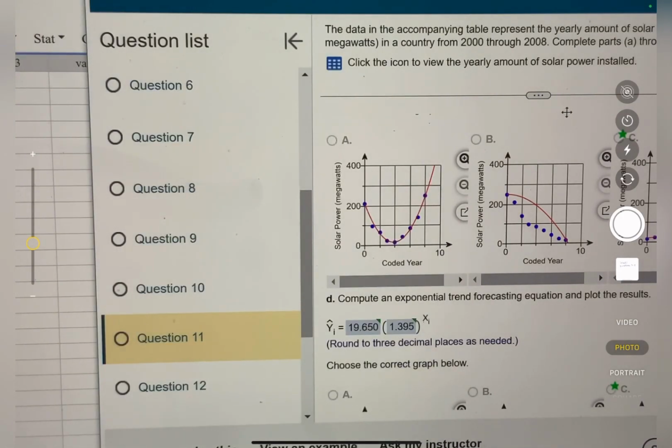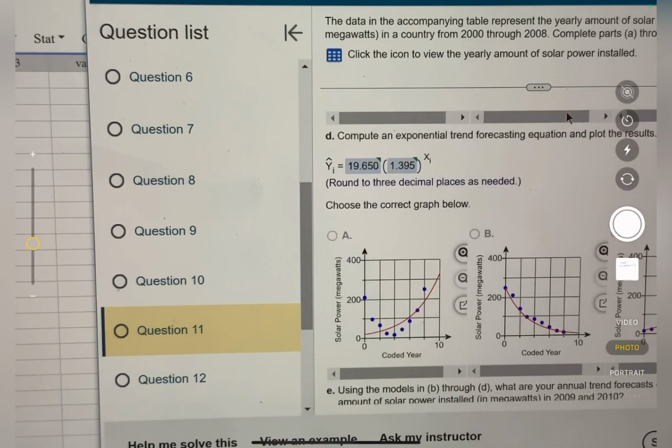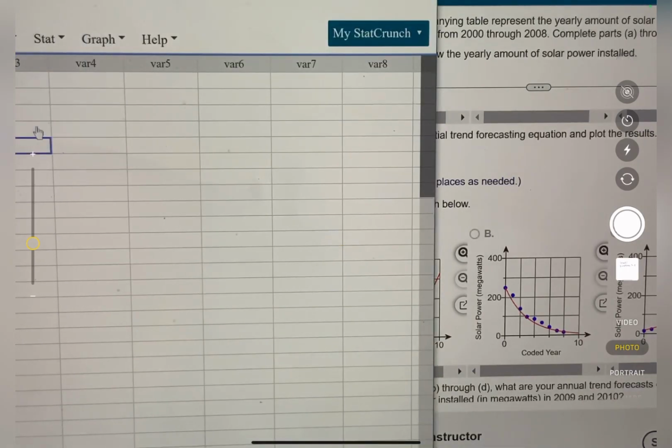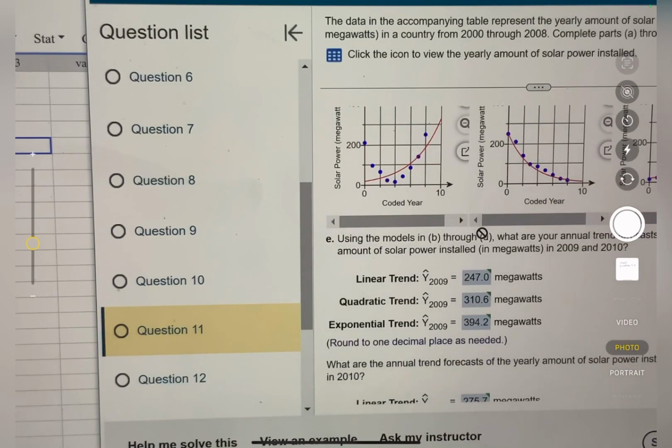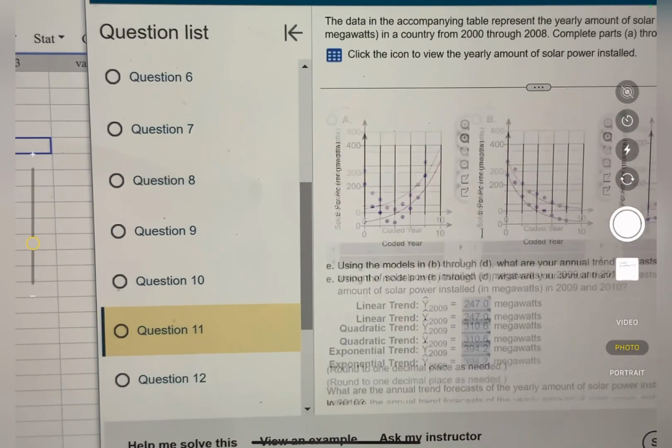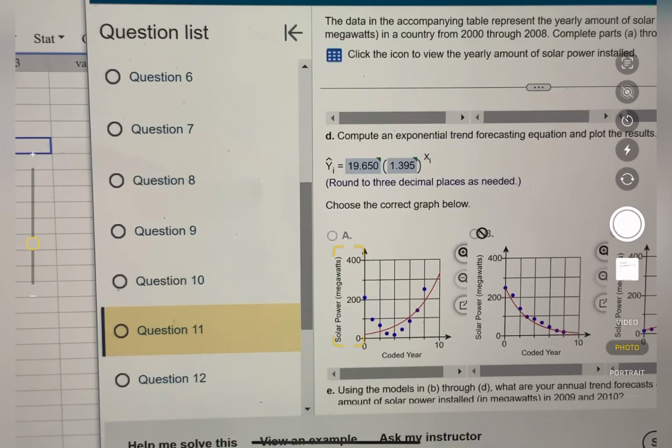What is next question? Compute exponential forecast. And the exponential forecast, when they are graphing, where is it? Oh, here it is. And when they are graphing, it also coded the year from 0 to 10.